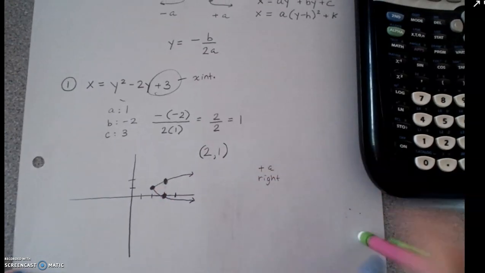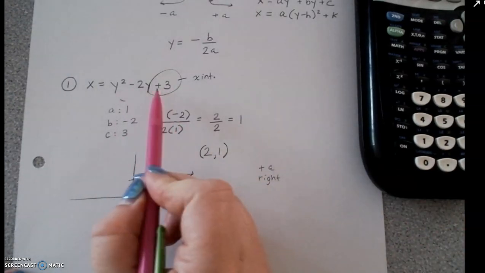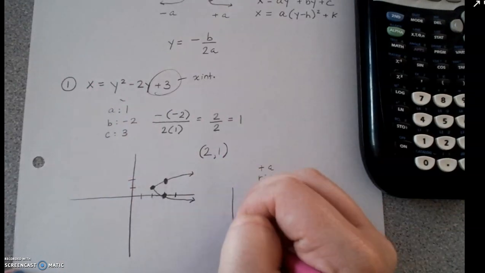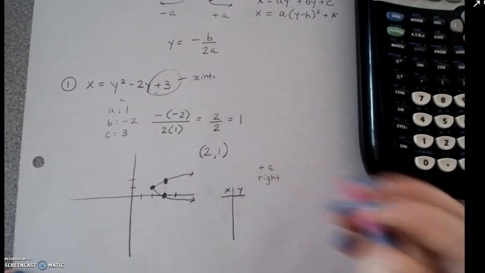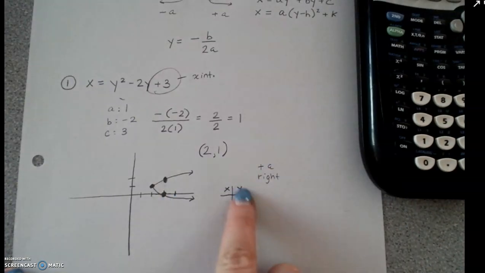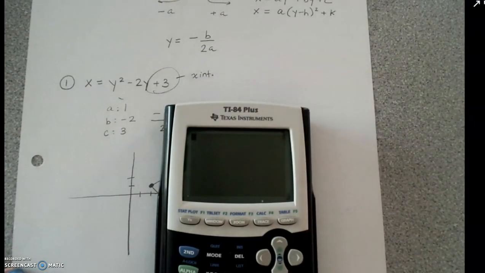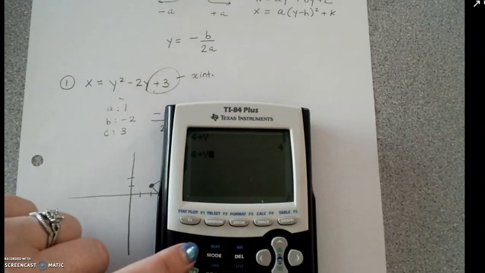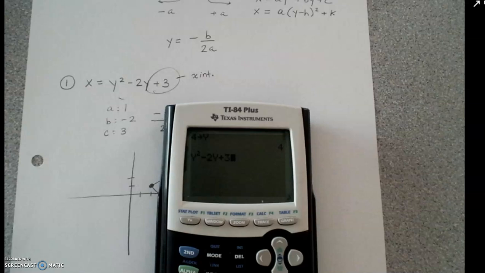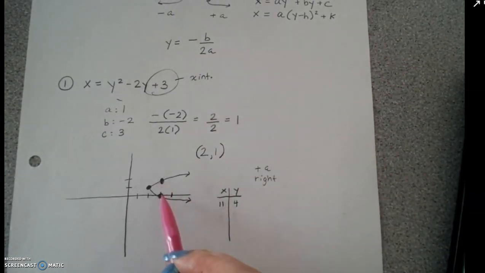Your other option is to plug in values for y and see what it gives you for x. So I could plug in 4 for y and see what it gives me for x. So in my calculator, I'm going to do 4 stored for y and press second enter until I get back to my equation. So an x value of 11, which is really far off my graph, so I'd probably only graph these 2 points.